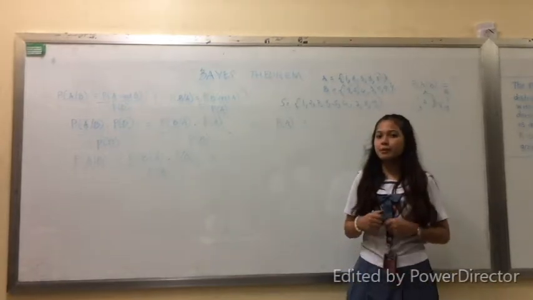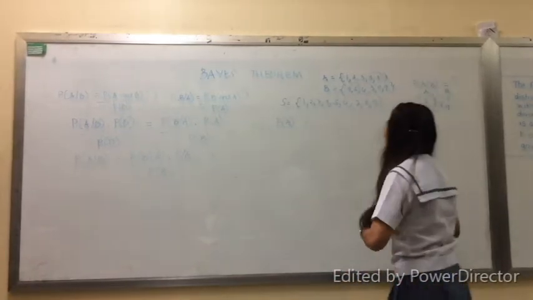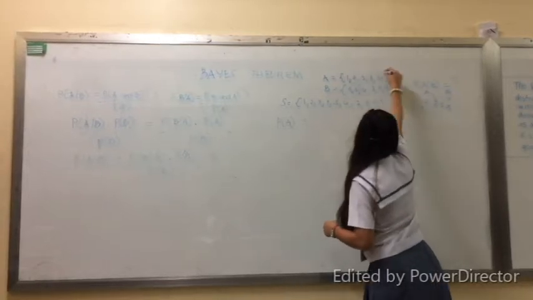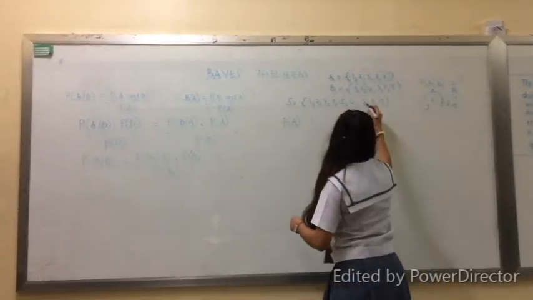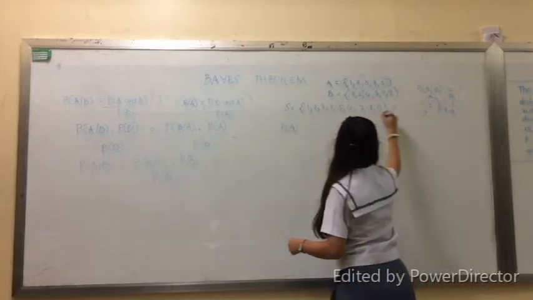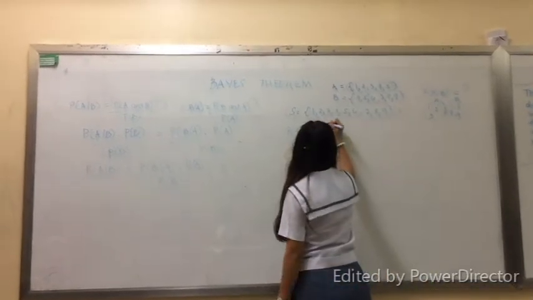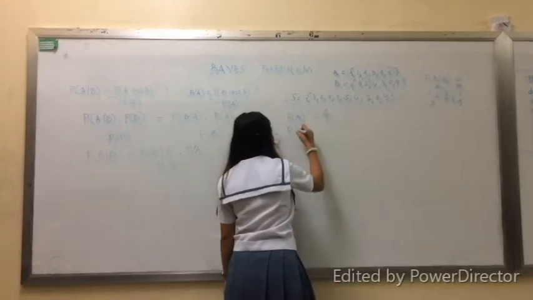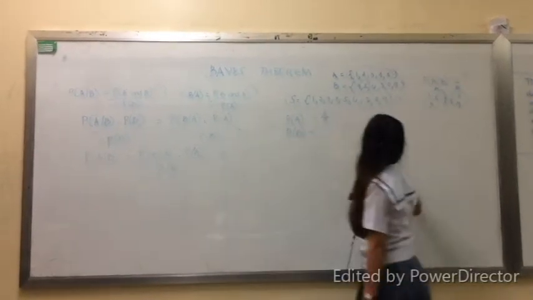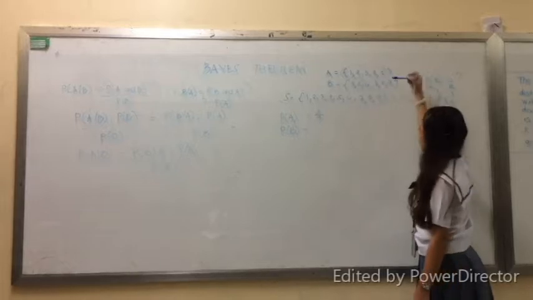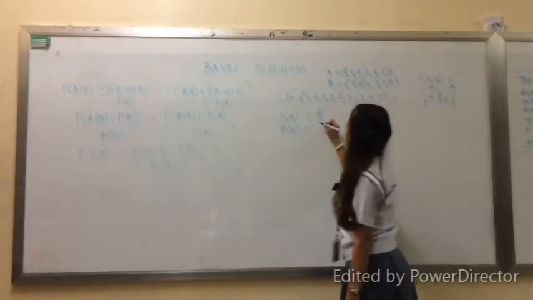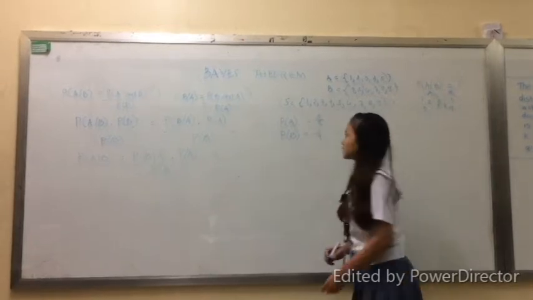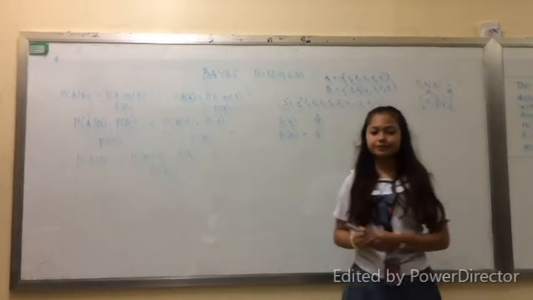So now we will look for the probability of A. Since we have 5 data in the 9 data in the set, it will be equal to 5 out of 9. Next is the probability of B, which is equal to, since we have 4, 5, 6, 7, 8, 9, 6 values of B out of 9 values. So we have 6 out of 9.